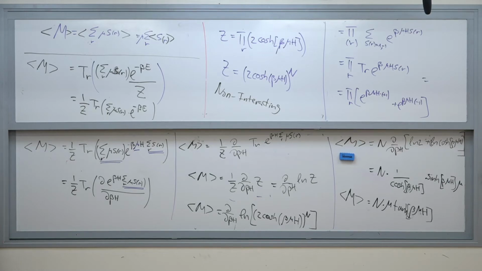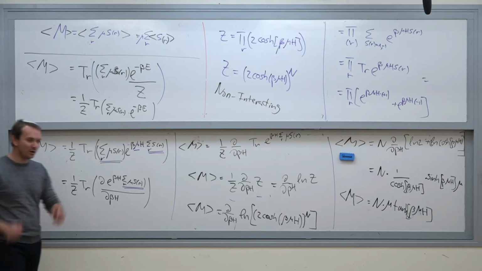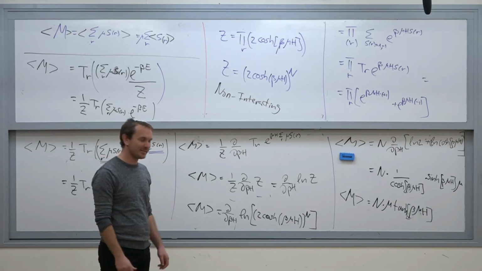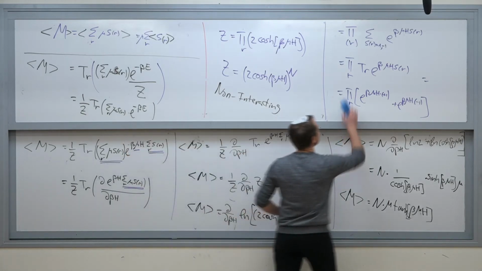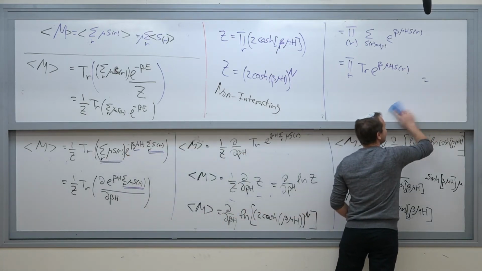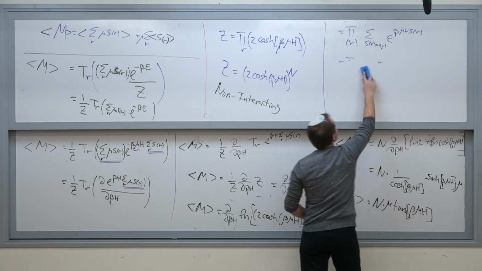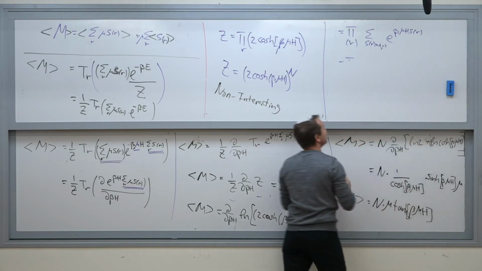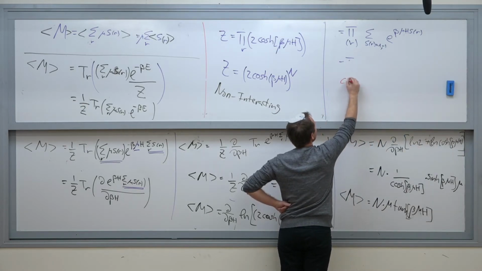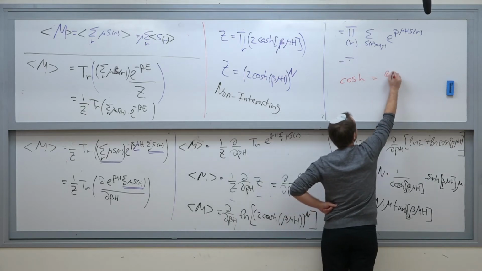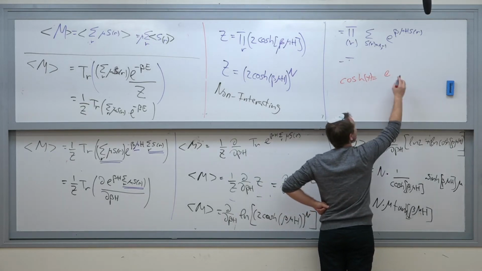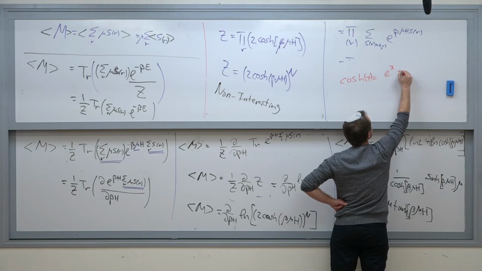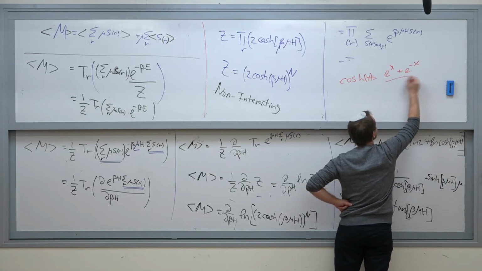Should there be a minus sign in the derivation? No, it's hyperbolic sine. I'll just remind you, there is no minus, because the hyperbolic cosine of x is e to the power x plus e to the minus x, divided by 2.